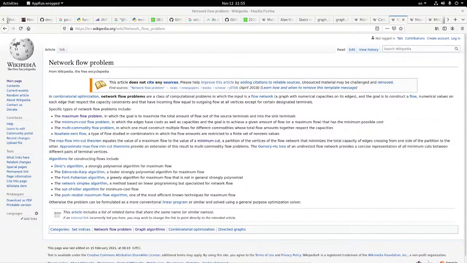So f4 prime is equal to f1 plus f2, and f4 is equal to f4 prime plus f3.